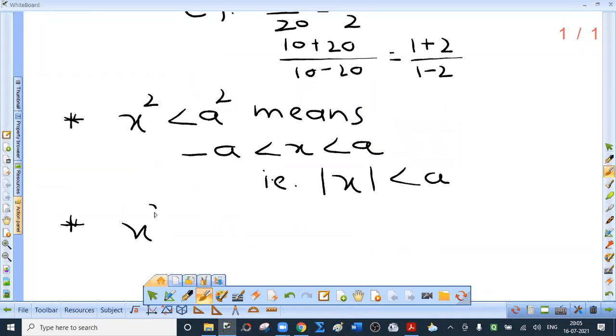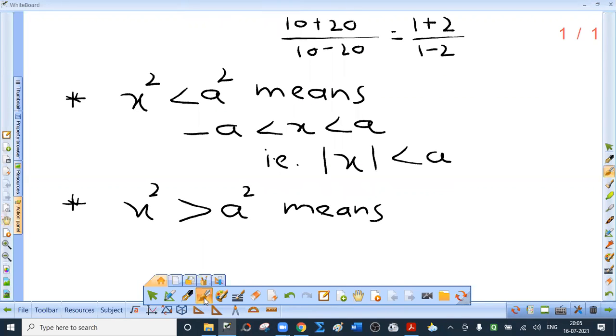Then x square greater than a square means, see, one obvious value is x greater than a, right? But square of negative number is also positive. Therefore, we say x less than minus a or x is greater than a. Write down this.